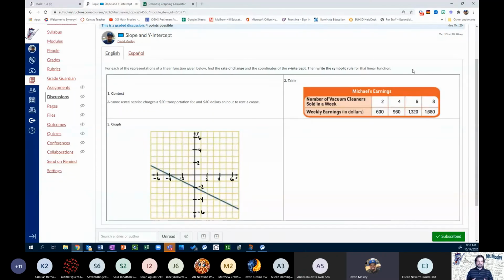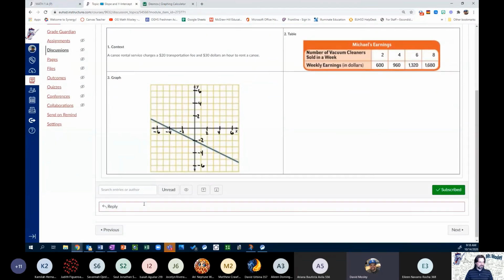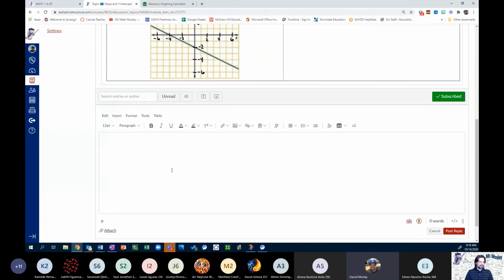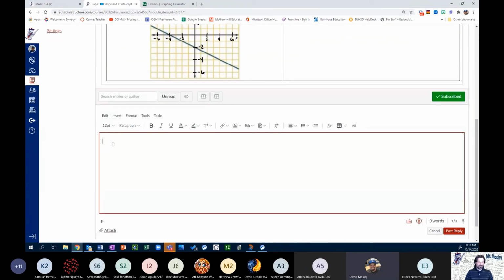So we need the rule in the y equals mx plus b form, where m is the slope and b is the y value of the y-intercept. So you're going to use these 3 things and get those rules written by finding the rate of change and y-intercept. Okay. And to put in your reply, you're just going to click into reply and use the text entry box to type in your responses.